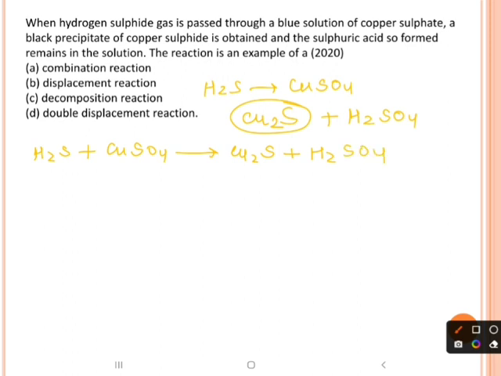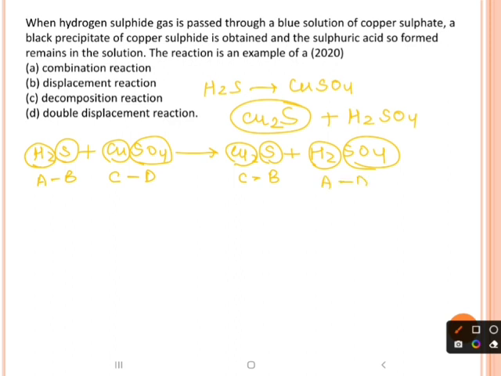Now what is this reaction? Combination reaction, displacement reaction, decomposition reaction, or double displacement reaction? It is a very simple question. You see, hydrogen and sulfide were together, suppose them as A, B, and copper and sulfate are there, suppose them as C and D. Now further what happened is copper and sulfide combined, meaning C combined with B, and hydrogen combined with sulfate, which means A has combined with D. Have you seen this mechanism somewhere?